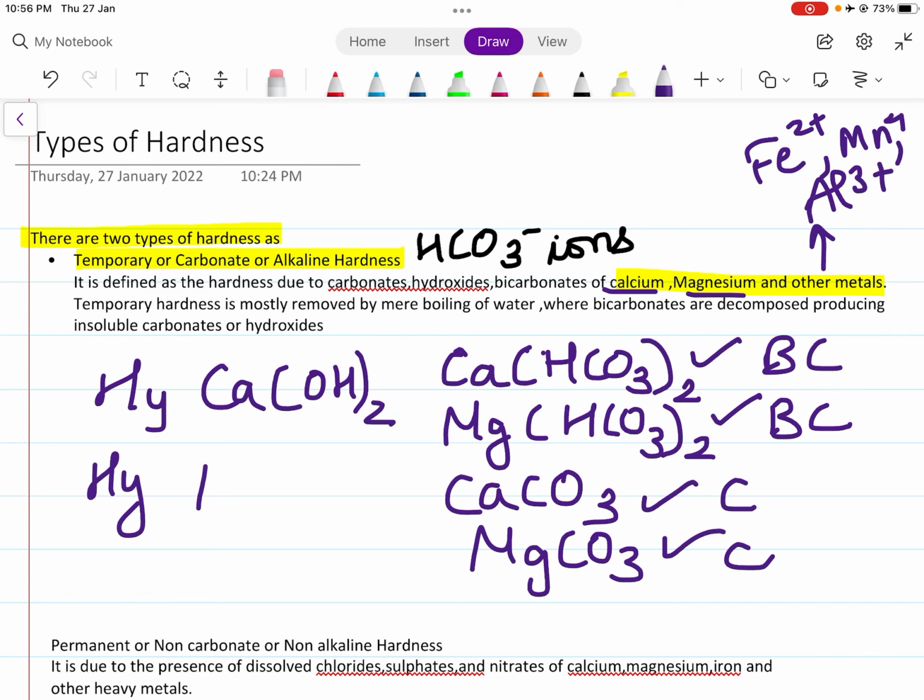Ca(OH)2, Mg(OH)2. So these are the hydroxides. So bicarbonates, carbonates and hydroxides are formulated.